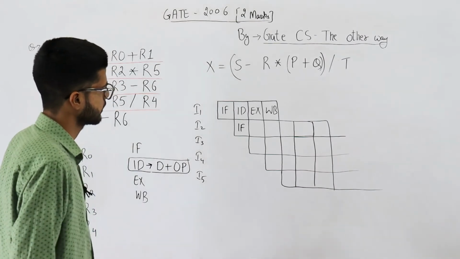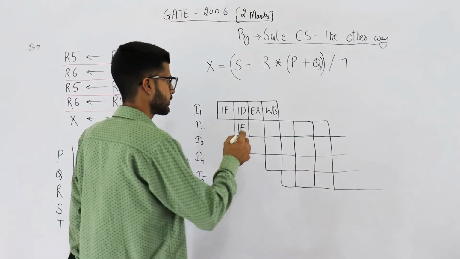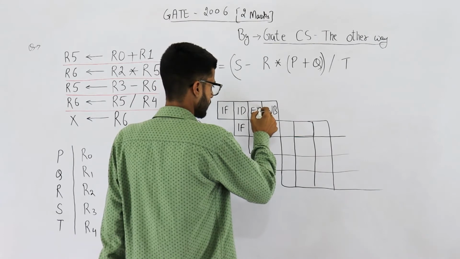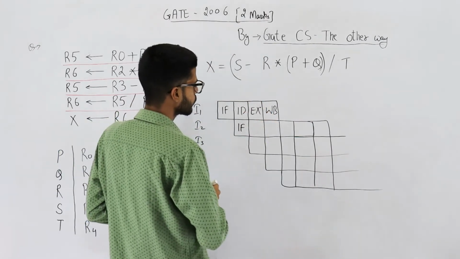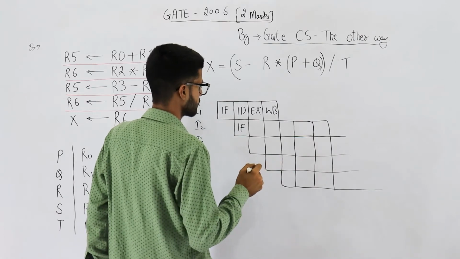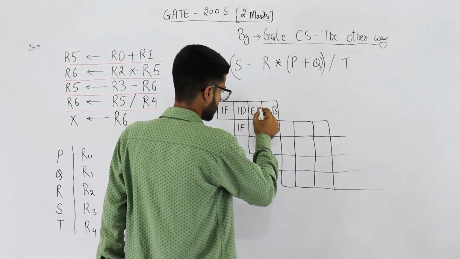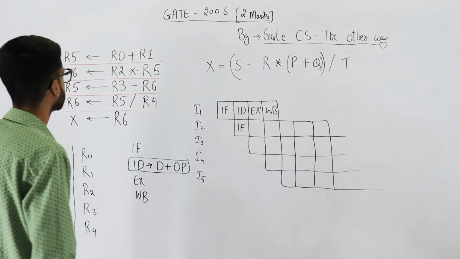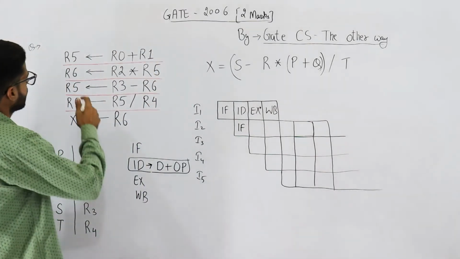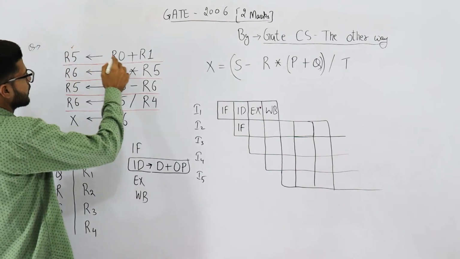Anyways, now what I was saying is this execute phase can forward its operands to instruction decode phase. That means from here we are going to forward the operands to the next instruction. And we also have this dependency.